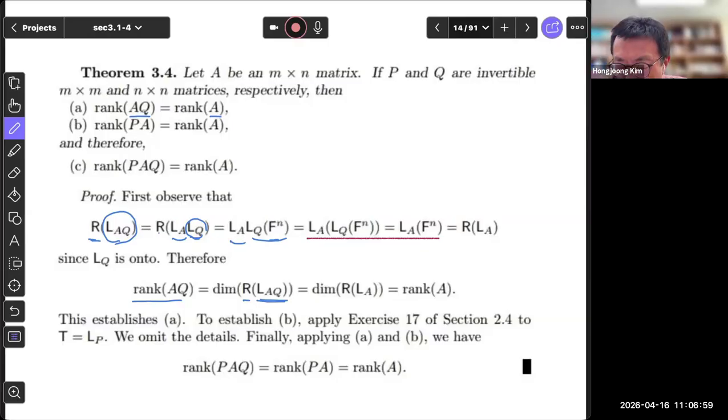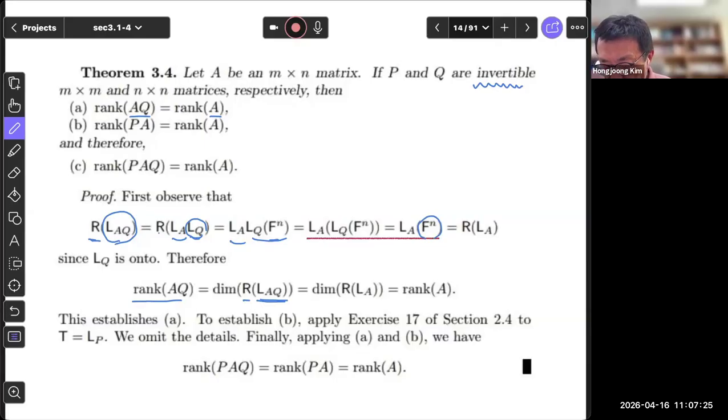Now, since Q is assumed to be an invertible matrix, it is an isomorphism, meaning the image of Fn under Q will be just Fn space because this is an isomorphism.